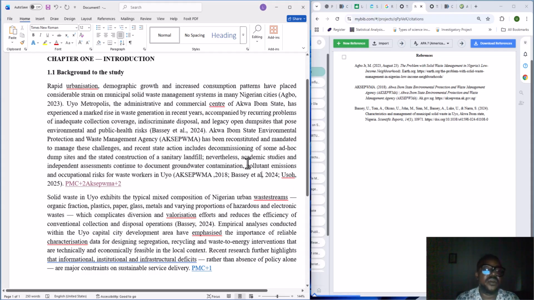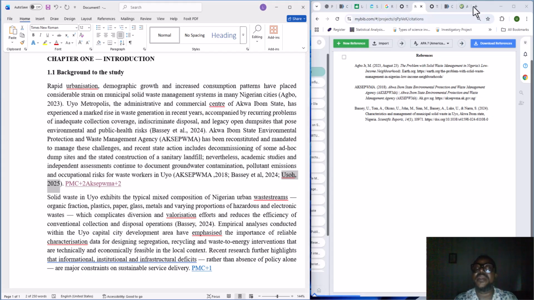Then USO 2025. Let us find out USO 2025 and what about USO 2025. Okay, we already have. Let's find this USO and see what the publication talks about.